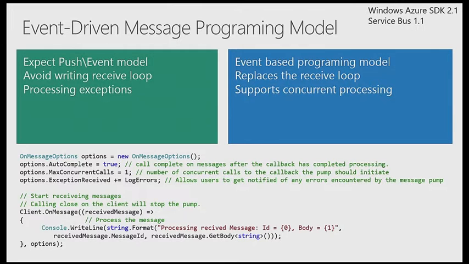And what we've seen is customers couldn't pick up the value of receiving messages in an efficient way using asynchronous calls and so on. So we added the option to specify a callback on a message and move into an event-based programming model where all you do is you create a queue client and you specify what to do when a message arrives. And you can decorate this logic with some hints to us.